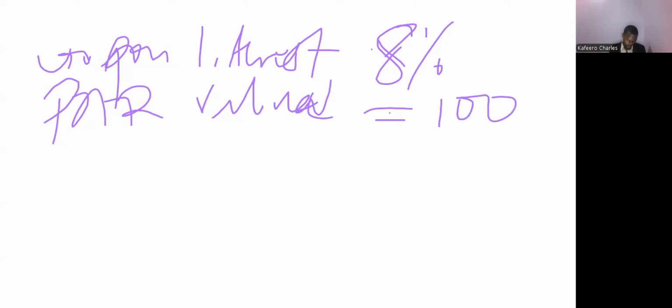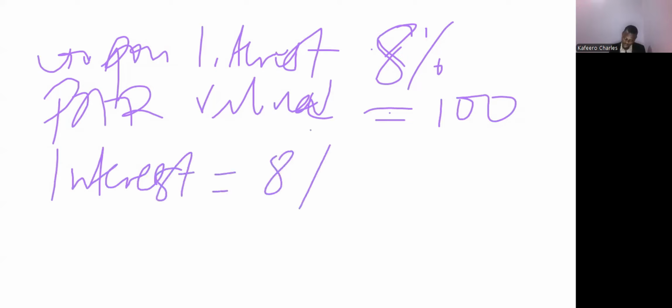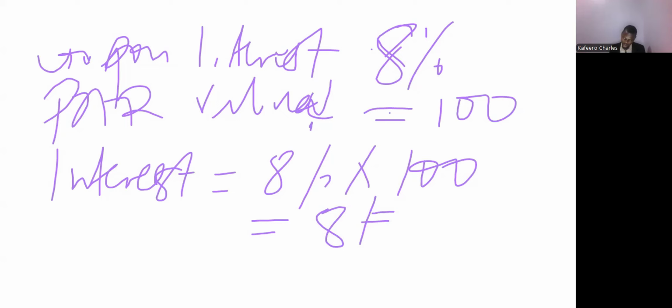So the interest or the cash flow was supposed to be 8% times 100, and this is going to give you 8 pounds. I want to explain why I took the other one instead of this. So this is 8 pounds.